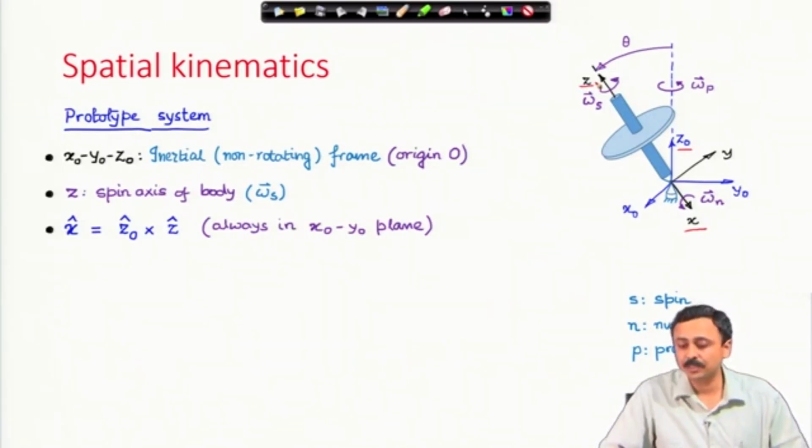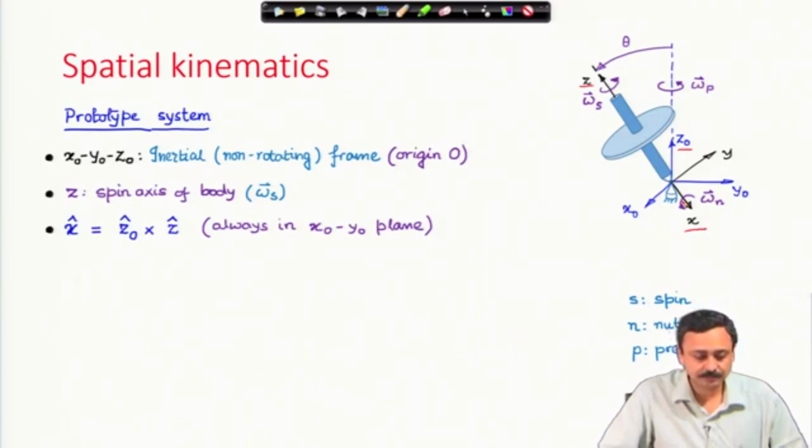Thus, x axis is perpendicular to both z naught and z, and this x axis will always be in the plane x naught, y naught, because any direction perpendicular to the z naught axis must be in the x naught, y naught plane. Any vector that is perpendicular to the z naught axis must be in the x naught, y naught plane. So, here we have the x axis, and y axis completes the right handed system x, y, z.